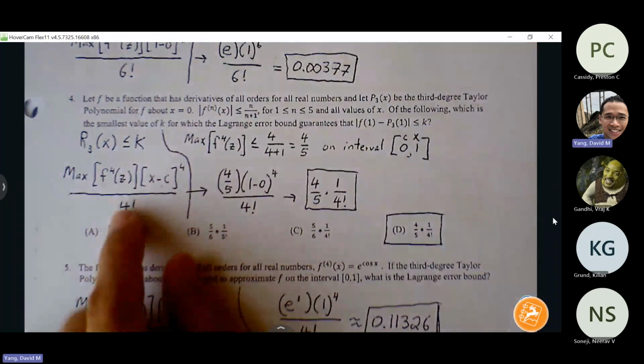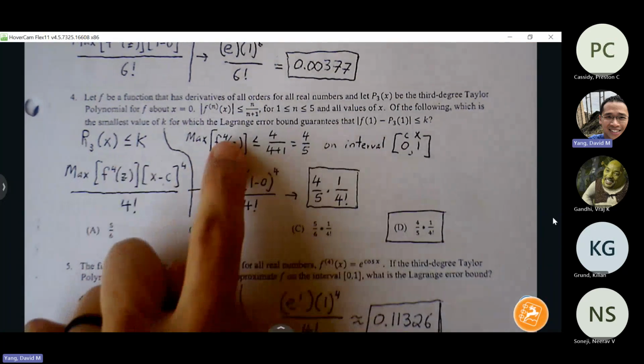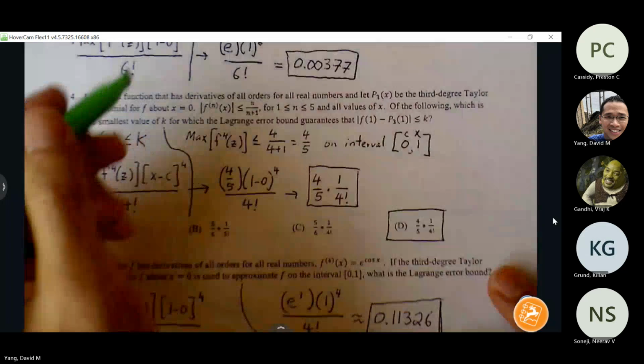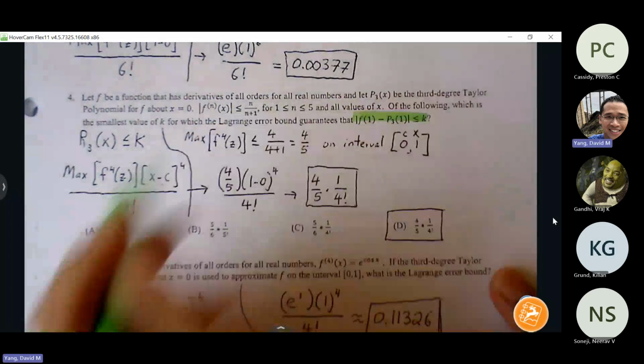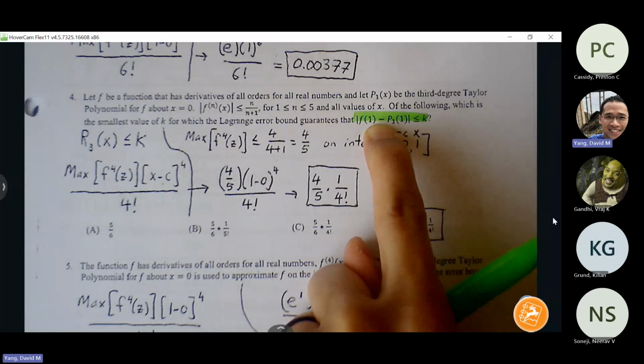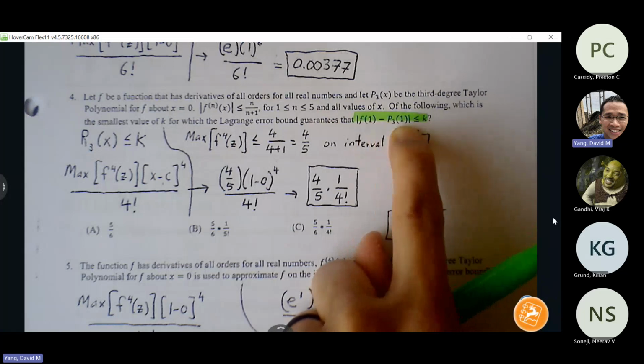Okay, the reason why for this problem the n is 4 and not 5 is because it's asking for the third degree remainder, because it's giving us the Taylor polynomial of the third degree. So the difference between that and the actual function is going to be at the third degree level.